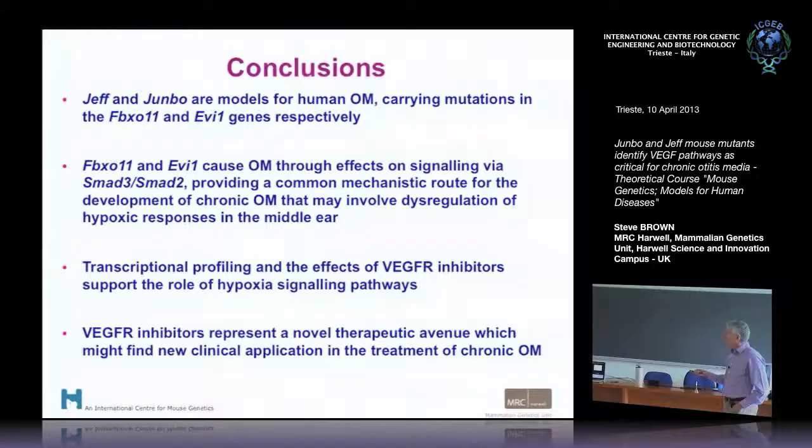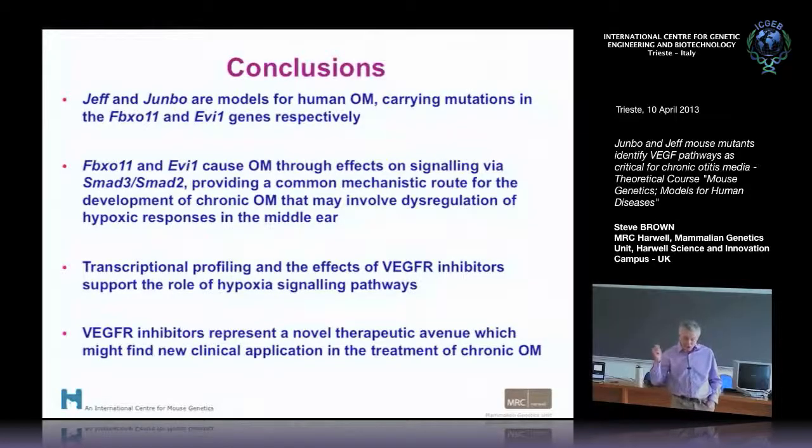We've shown that transcriptional profiling and the effects of Vegf receptor inhibitors support the role of hypoxia signaling pathways. And clearly, targeting these pathways represents a novel therapeutic avenue for new clinical applications in the treatment of chronic otitis media.